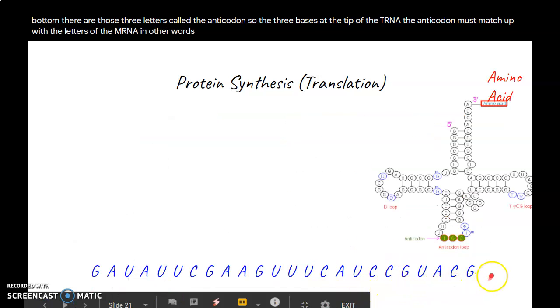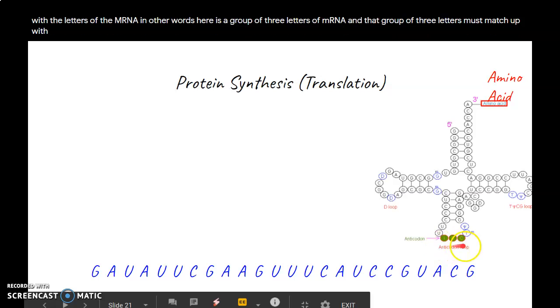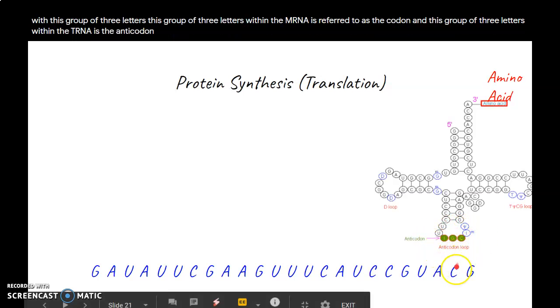In other words, here is a group of three letters of mRNA, and that group of three letters must match up with this group of three letters. This group of three letters within the mRNA is referred to as the codon, and this group of three letters within the tRNA is the anticodon.